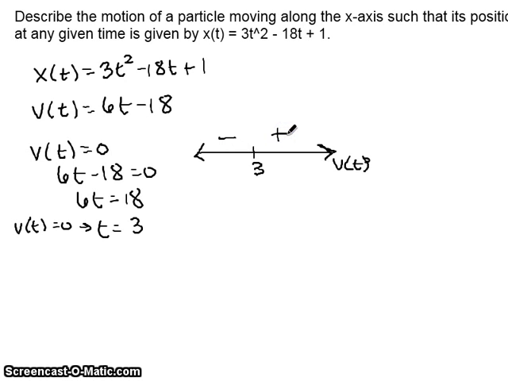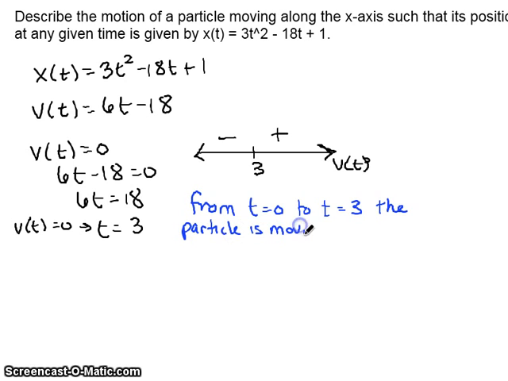So if we go on to describe the motion of our particle, we can say from t equals 0 to t equals 3, the particle is moving left. And if we had to justify that, we would say because v of t is less than 0.